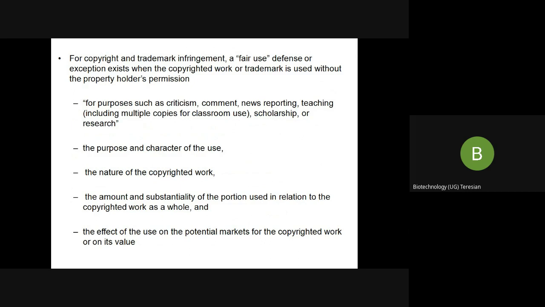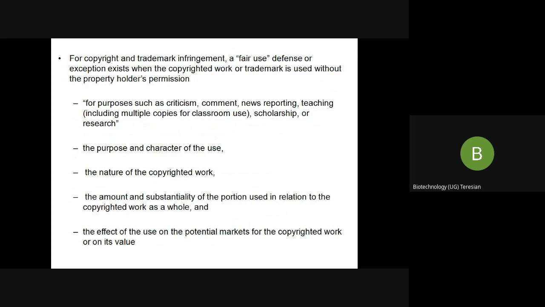How can I get the knowledge, and how will you get that knowledge until I teach you all and I get learned from that book? So this is known as a fair use. It can be for the purpose such as criticism, comment, news reporting, teaching, including multiple copies for classroom use, scholarship, or research. That is, if you are doing some research, you have to do a literature survey.